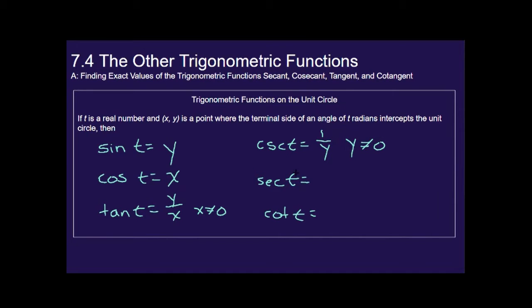And for secant, we define secant as inverse of cosine, so it's 1 over x, but x cannot equal 0. And then cotangent is the inverse of tangent, so we're going to take the reciprocal of this one, which means cotangent t is x over y, and I forgot that slash there. Y cannot equal 0. Okay, so this is a summary of the trigonometric functions on the unit circle.